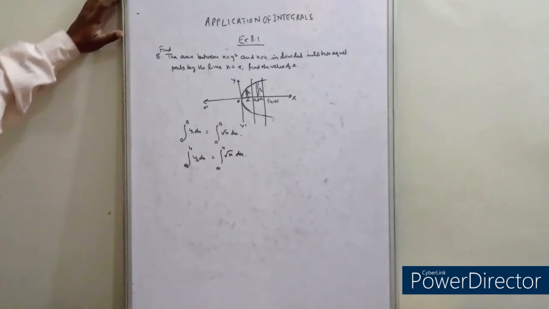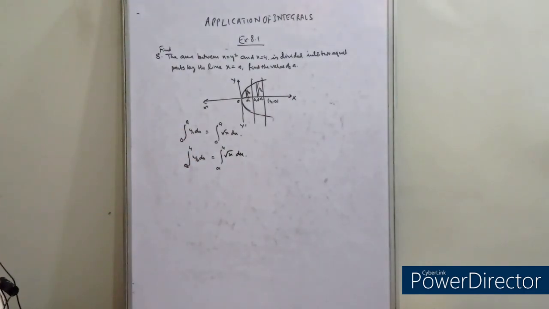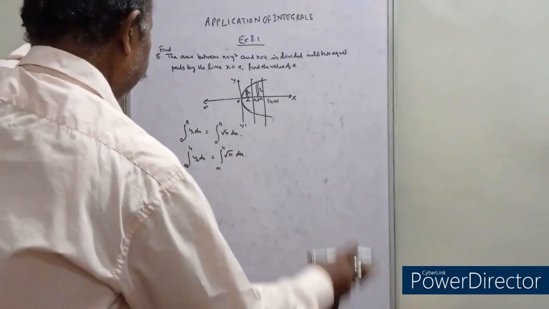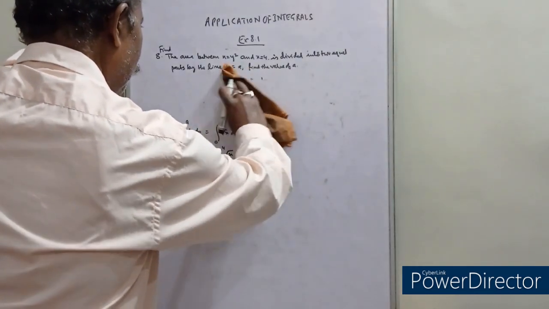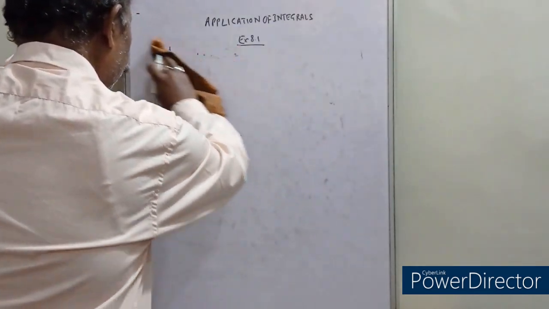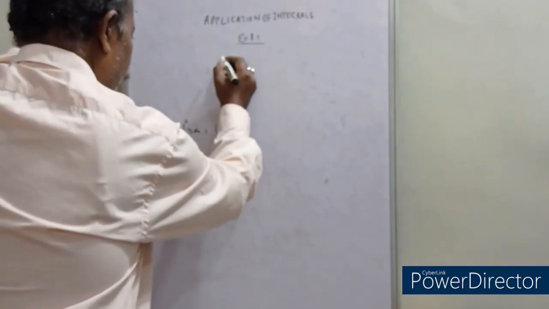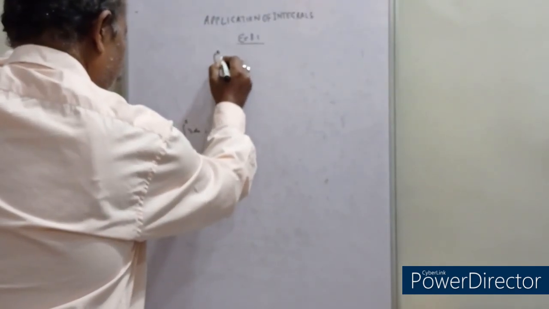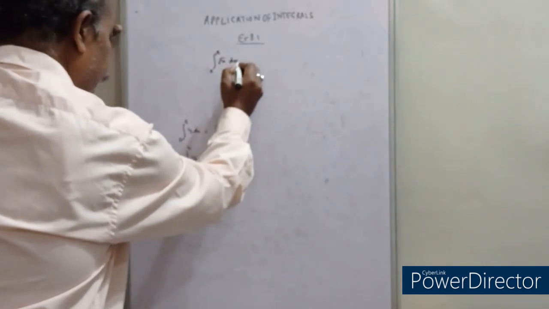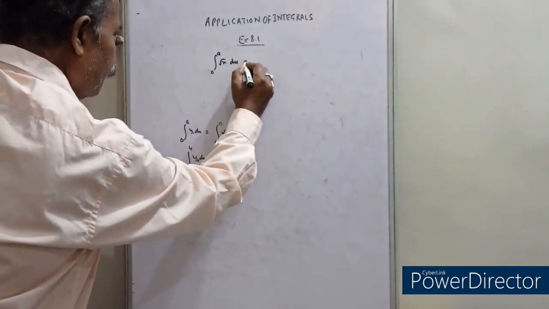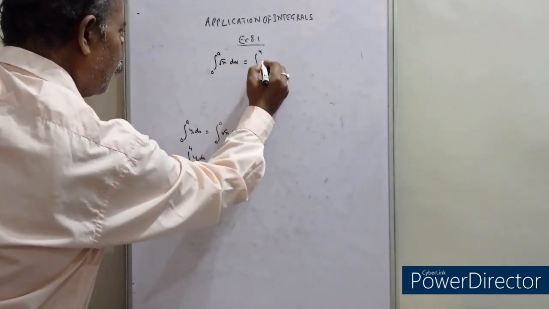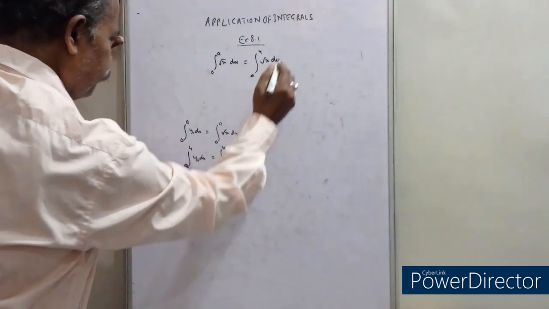So here you see both these areas are equal. So let me do this problem. Here, 0 to a root x dx will be equal to a to 4 root x dx.